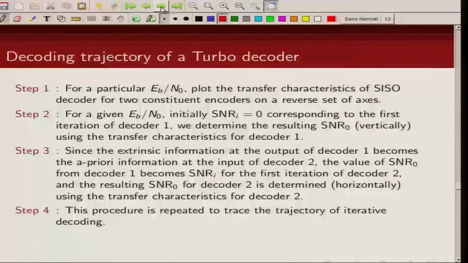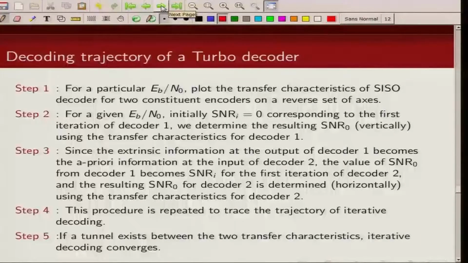Now, we look at the transfer characteristics of decoder 2, go horizontally, and find the point corresponding to that particular a priori SNR, which gives the output SNR. This process we repeat to draw the decoding trajectory of the turbo decoder.